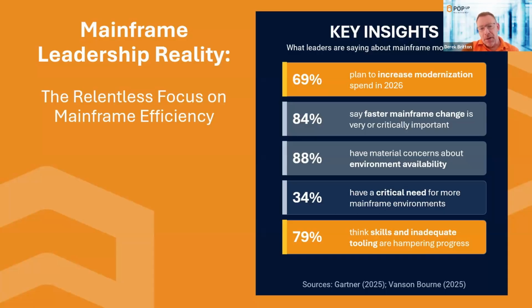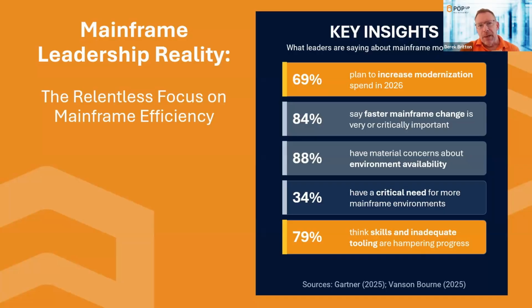And last year, the guys and I at PopUp Mainframe ran a market survey of our own to try and dig into a little bit more behind what the issues were driving that modernization. And the survey, which was run by an independent organization called Vanson Bourne Market Researchers, provided a number of telling insights, actually. The full report's on our website, but some relevant details for this discussion today here.